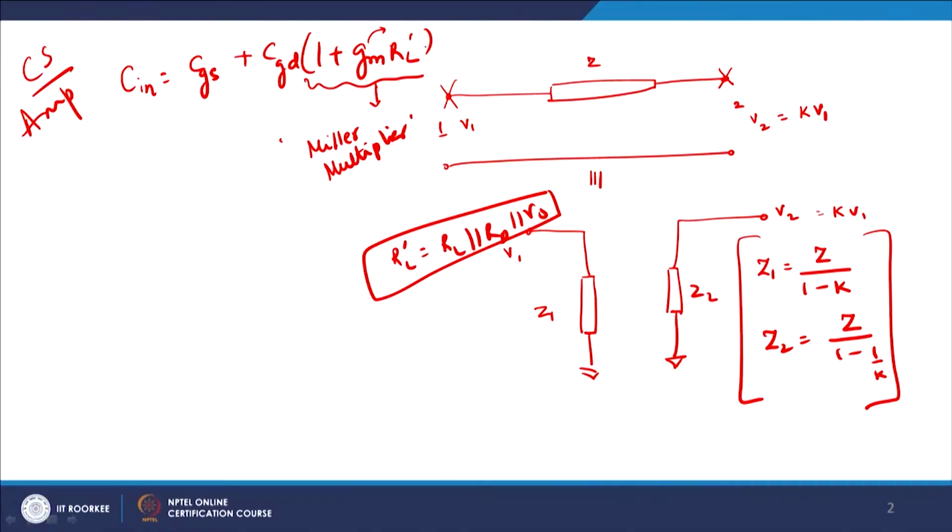The reason is that gm is typically large and RL is also large, so this quantity is relatively large. So even if the gate to drain capacitance is small, its effect on the output is relatively large. That is what I wanted to give you an idea about.